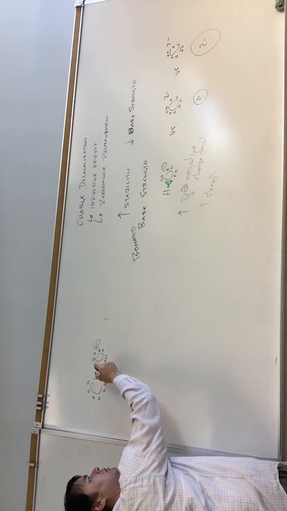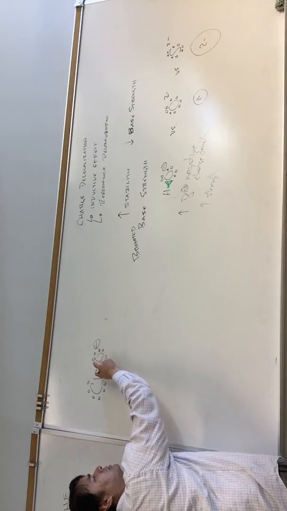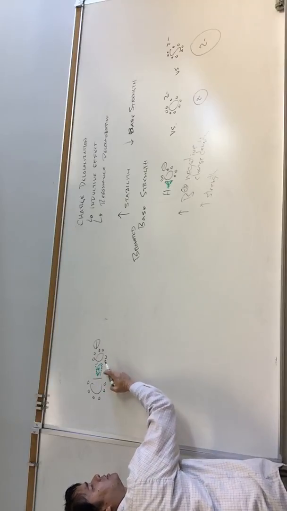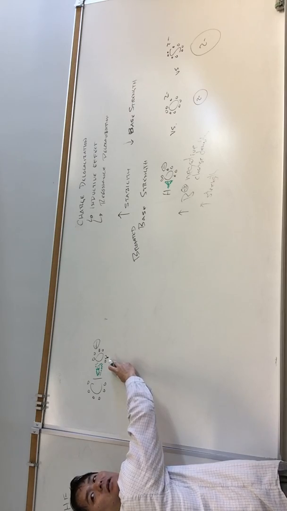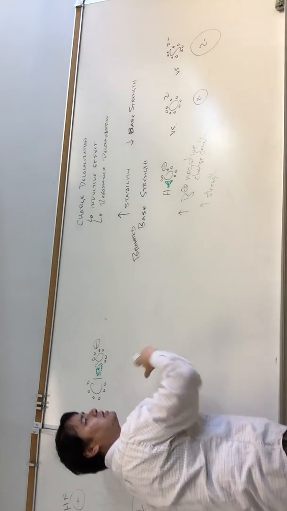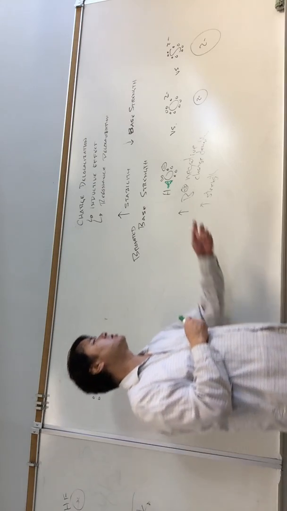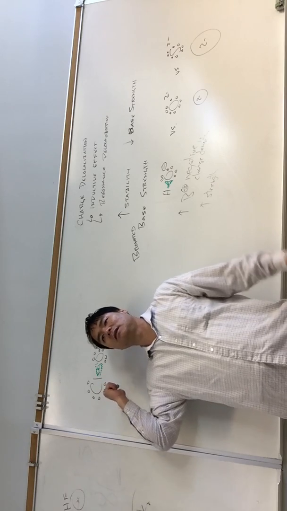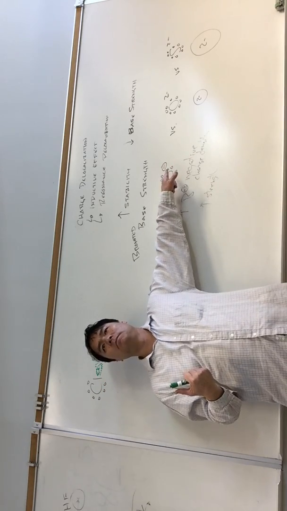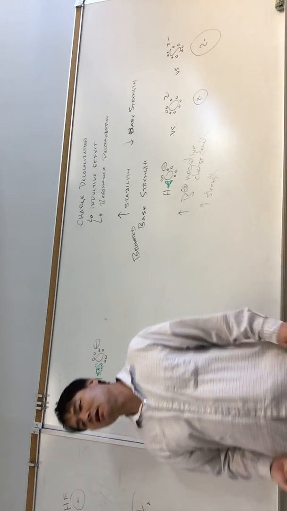So chlorine's going to pull more of that electron density away from oxygen, although oxygen's more electronegative. But chlorine pulls more of the electron density away, making this oxygen less negative. And so even though both of these have a -1 formal charge, the charge density is different. The charge density on this oxygen is greater than the charge density on this oxygen, making this one more basic, this one less basic.